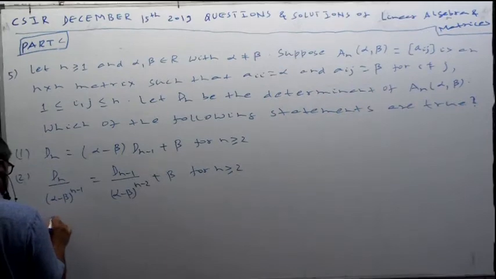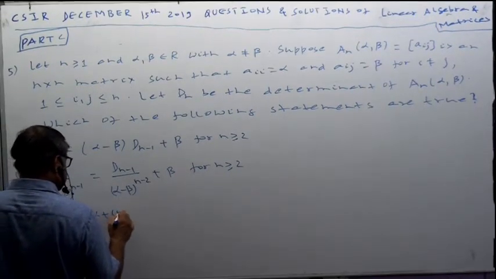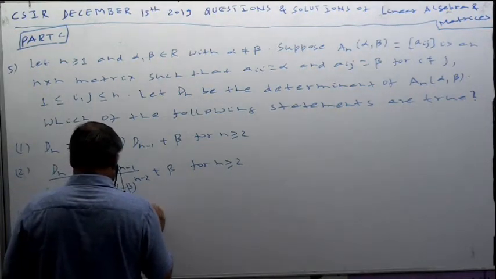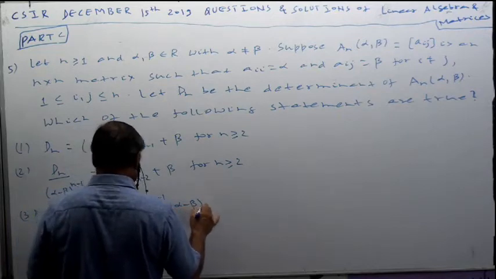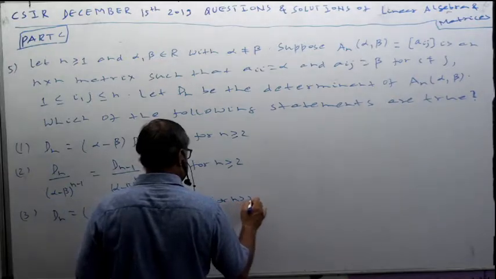Third, Dn equals (alpha plus (n minus 1) times beta) to the power n minus 1 into (alpha minus beta) for n greater than or equal to 2.